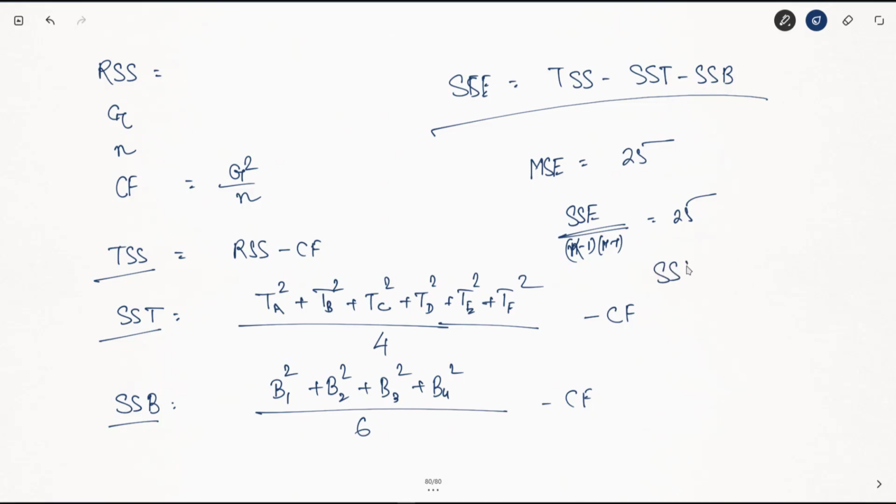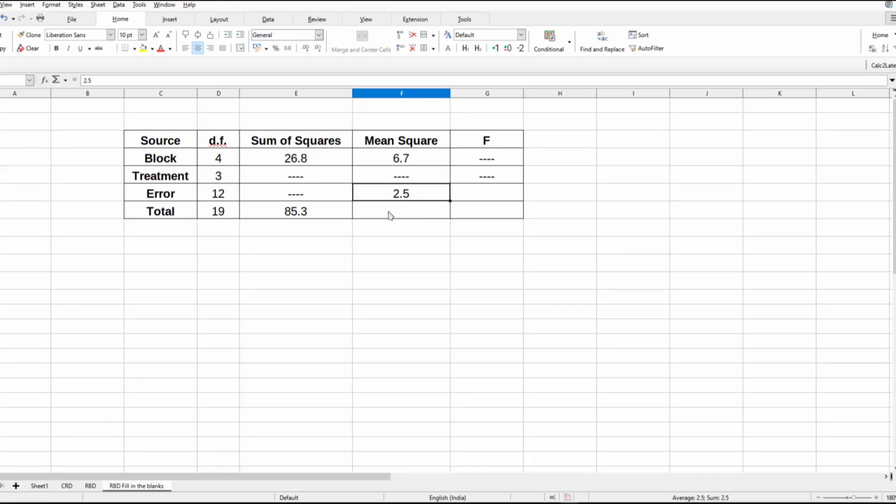Now if we want to get the value of sum of square due to error, you can simply multiply the mean square by the degrees of freedom. So in our case, this is 2.5, and the degrees of freedom is 12. So if I multiply this 12 and this 2.5, I will get the value of sum of square due to error, right?